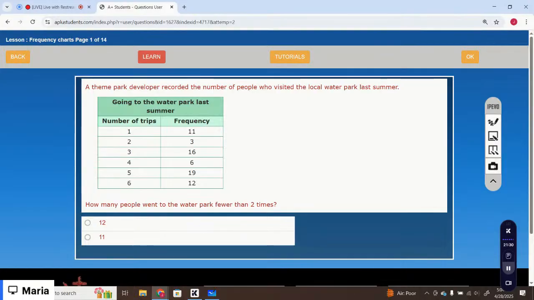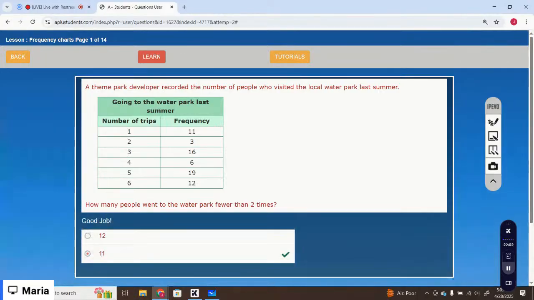How many people went to the water park fewer than 2 times? Fewer than 2 times means number of trips is 1 and the frequency is 11. Option number 2 is the correct option.